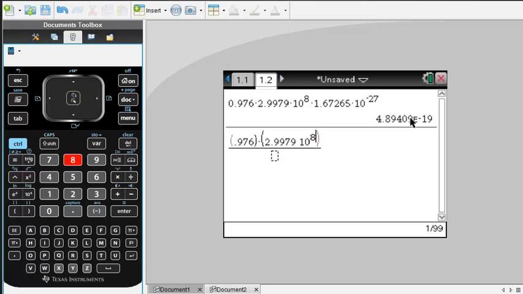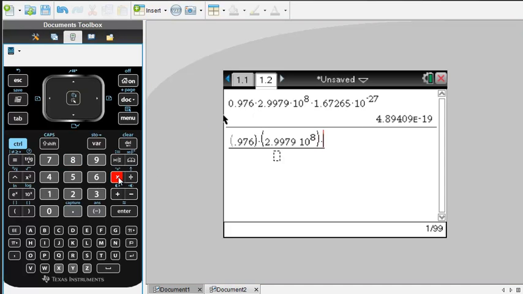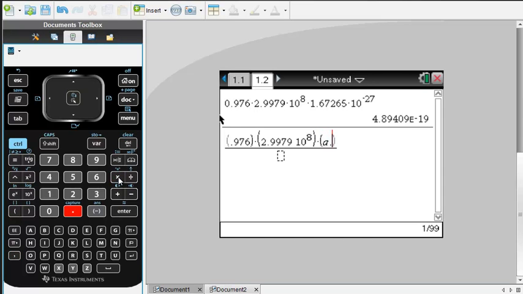There's only 6 digits here because the calculator is only floating 6 digits, but there would actually be more. Okay, so then you're going to multiply that by the mass, 1.67265 times 10 to the negative 27 kilograms. Okay, and then we're just going to put this whole deal in parentheses just to be on the safe side.